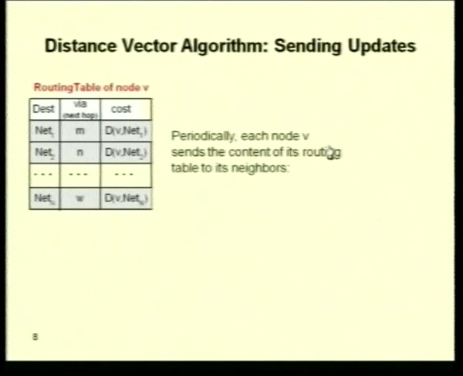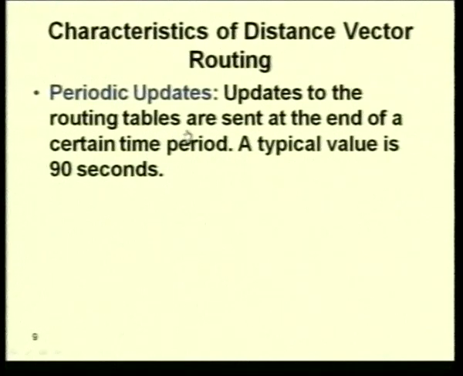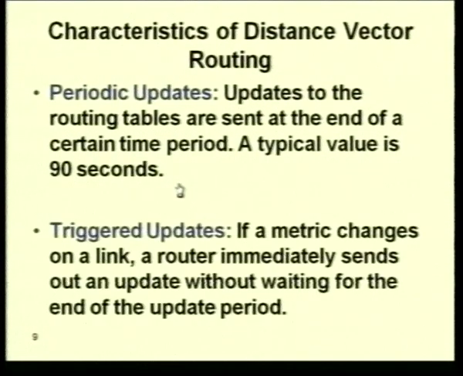Each node sends the content of its routing table to its neighbor. If you have these nodes m, v, w and n, they keep sending this information periodically amongst each other. These periodic updates are sent at the end of a certain time period, typically about 90 seconds. You also have what are called triggered updates: if a metric changes on a link, a router immediately sends out an update without waiting for the end of an update period.